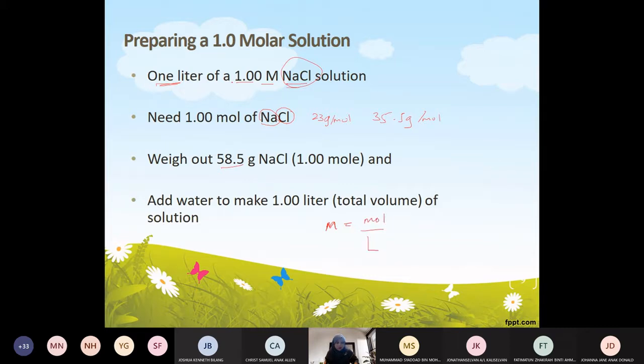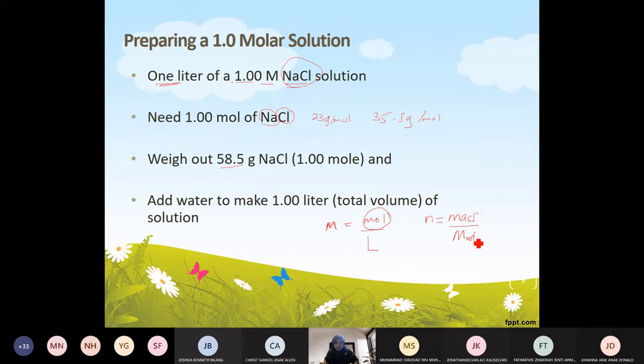Awak kena hafal ni. And then satu lagi formula awak kena hafal, how to get mole. Mole is abbreviated as small letter n. N is mass over molar mass.